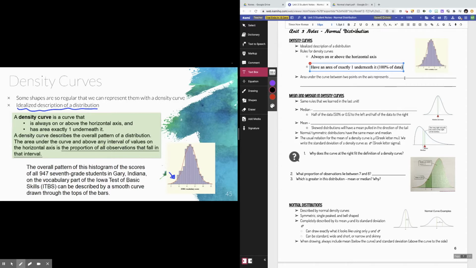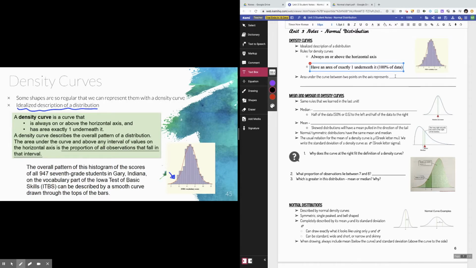So what we can do is figure out proportions of how likely something is to occur within specific boundaries using the area underneath the density curve, because we're talking about the overall pattern of the distribution. So the area underneath the curve within certain boundaries, say less than a certain value on the x-axis down here, or greater than a certain value, or in between certain values.